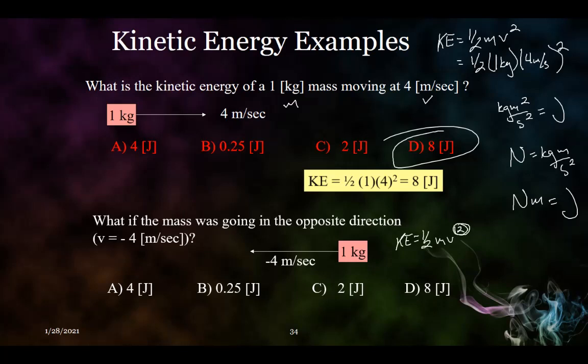That squared is important here. So we do this: 1 half, 1 kilogram, times v squared, minus 4 meters per second. But we're squaring it. Minus times a minus is positive. So that's going to be 16 times 1 is 16 divided by 2 is 8 once again.